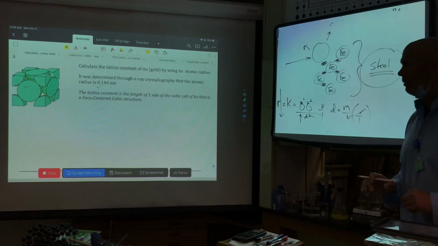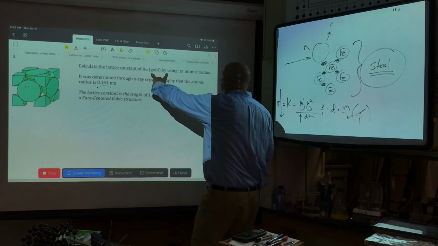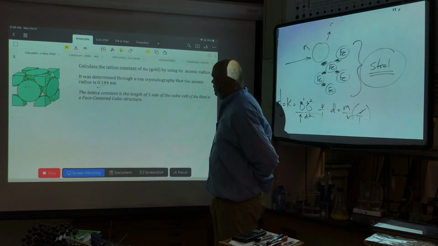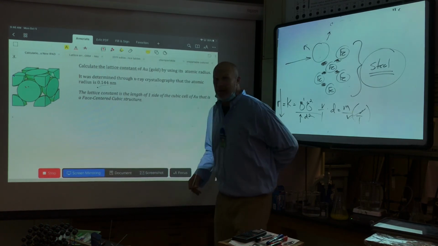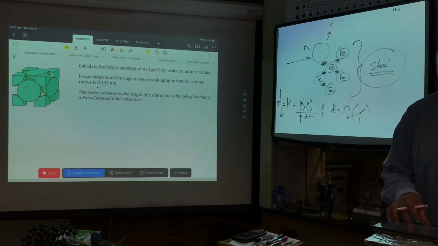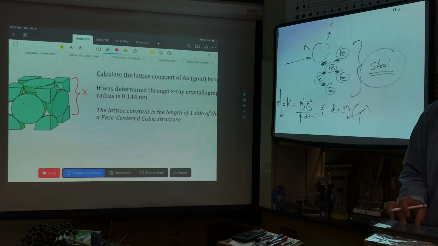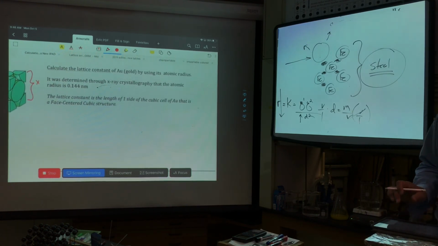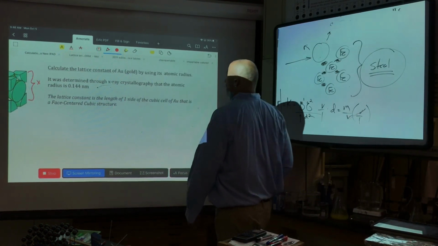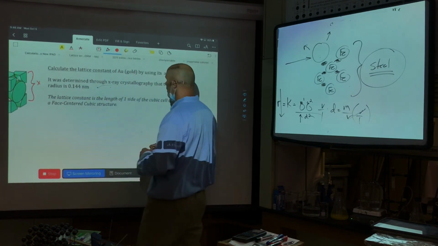Okay, so in this problem, we've got gold, aurum, and they want you to calculate the lattice constant. So they want you to get this dimension, which we normally get from crystallography. They want to get that value. What'd they give you? They got the atomic radius.